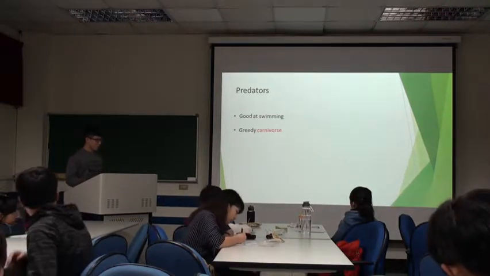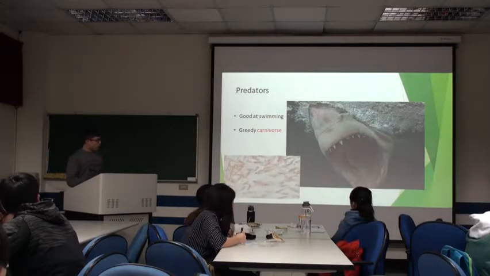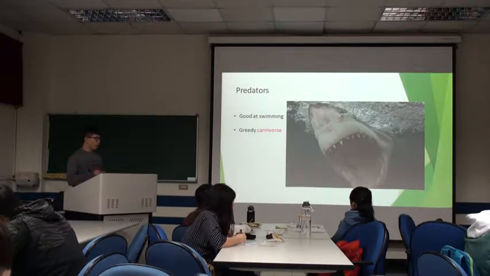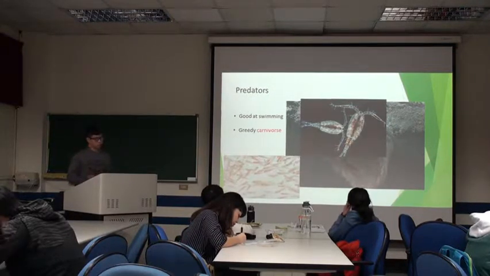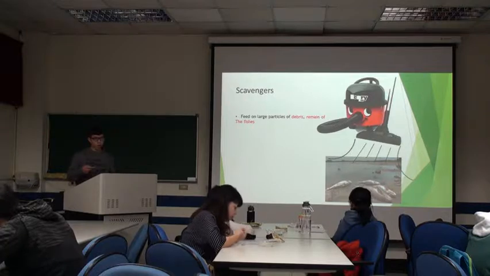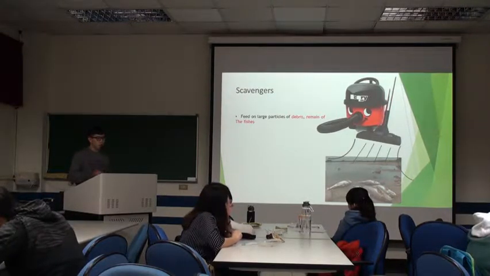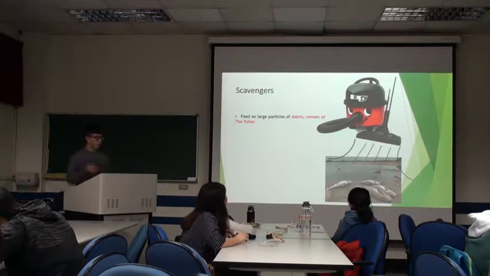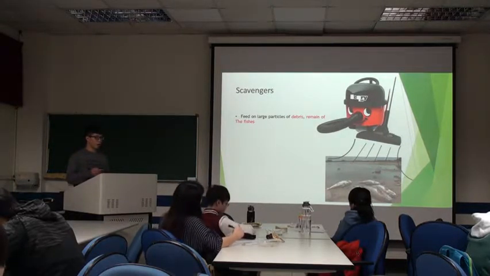Predators are good at swimming and they are greedy carnivores. They like to eat large active prey such as fish larvae and copepods. Lastly, scavengers. Scavengers feed on large particles of debris and the remains of fishes. Scavengers do not attack healthy fishes, but there are some exceptions.